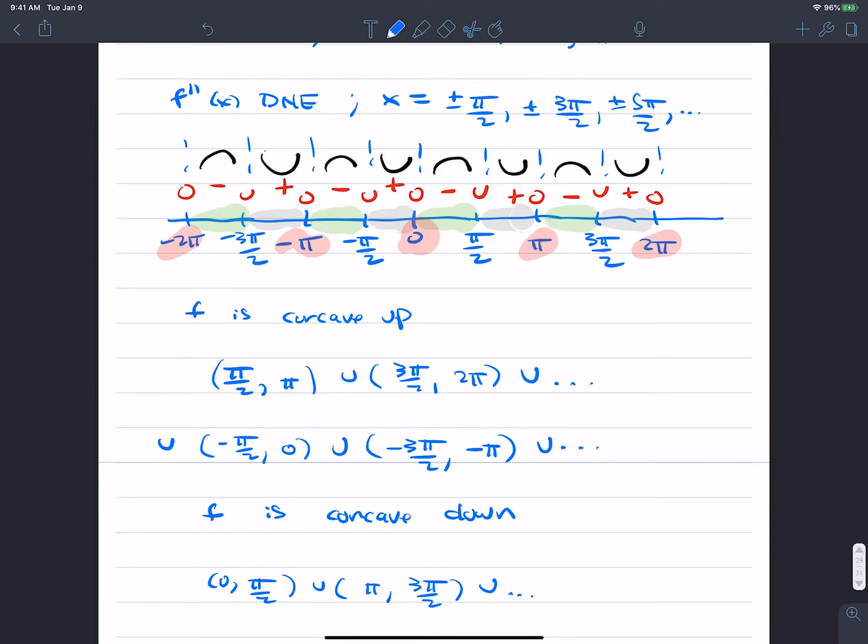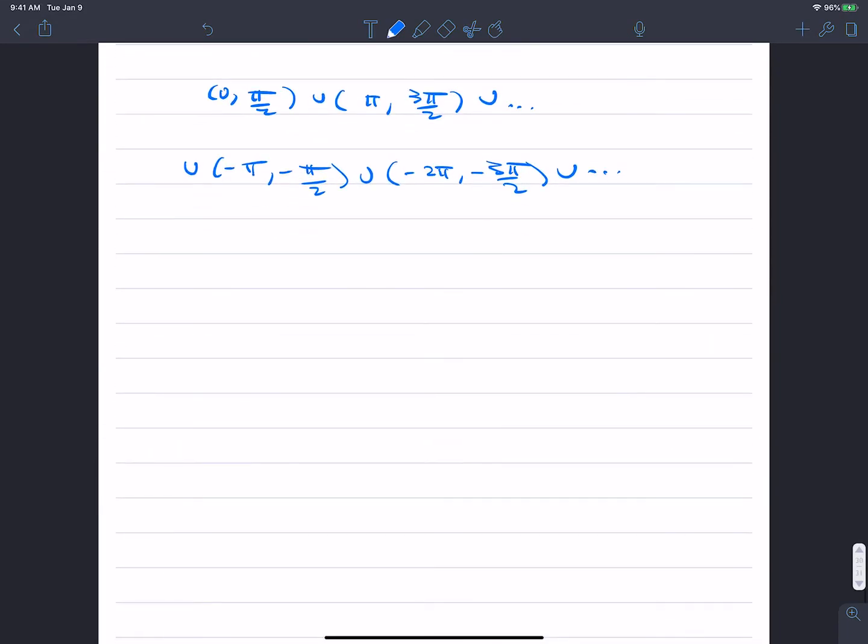I know we're out of time. So inflection points are going to be, it has to be a point on the curve. 0, f of 0. Pi, what else? F of pi. We're out of time, right? 2 pi.